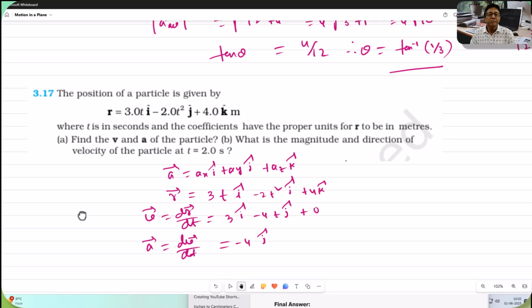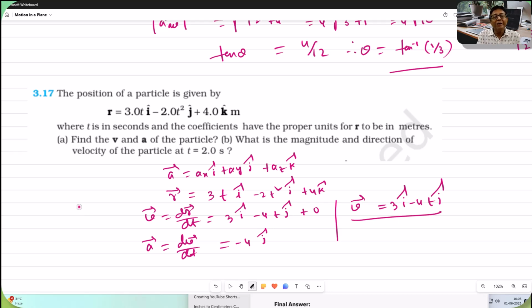Okay? So velocity and acceleration you got. Expression for velocity is what then? V equal to 3i plus 4t j. If time is given, you can find the components and get the direction. But time is not given, we are not going to find it and it is not required in the problem.